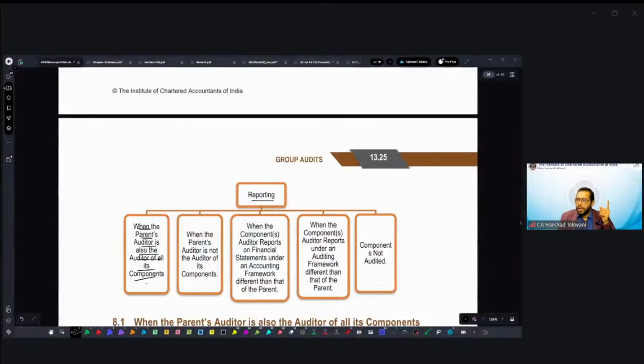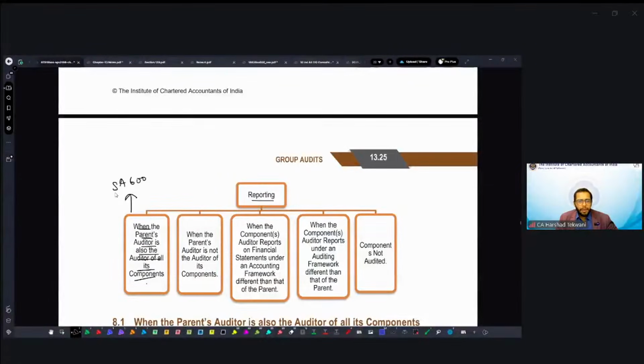When the auditor of all the entities is the same, including the component, what is required to be done? Are you required to provide the other matter paragraph that we have seen? Absolutely correct, Radha. If the parent auditor and the auditor of all other components are the same, why would you apply SA 600?